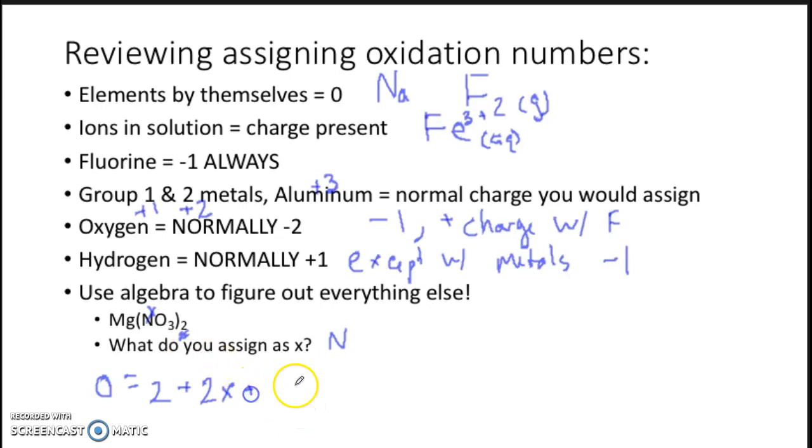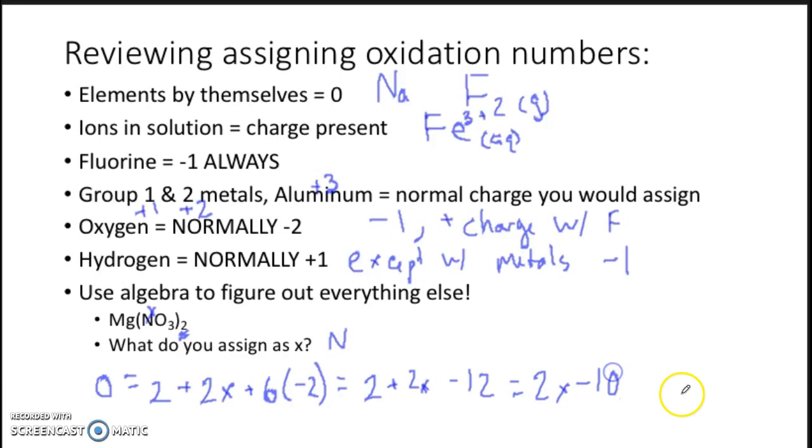And then I've got plus, I have a total of 2 times 3, 6 oxygens, and each of those oxygens has an oxidation number of -2. So my algebra here works out to 2 plus 2x minus 12. Combine that again: 2x minus 10. Bring that over. Solve. X equals +5 is the oxidation number for nitrogen there.